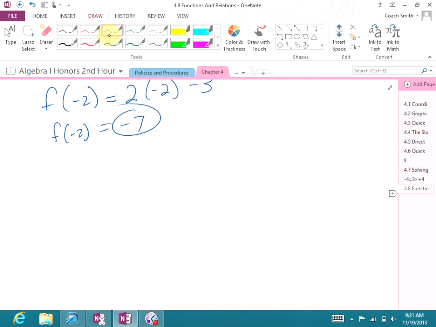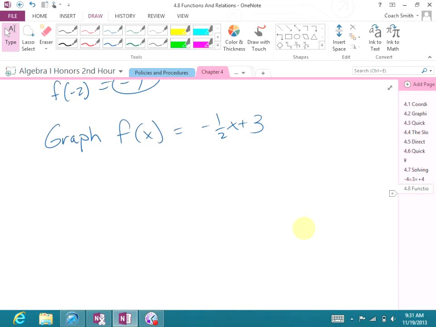we can also write this. If they tell you to graph f of x equal to negative 1/2 x plus 3, well, what that means is this. This is just function form that we've talked about in the past.